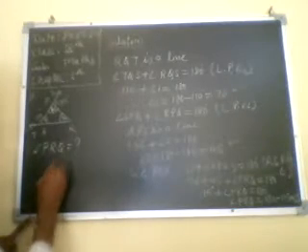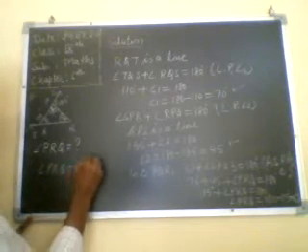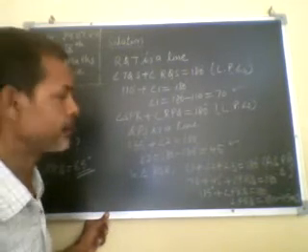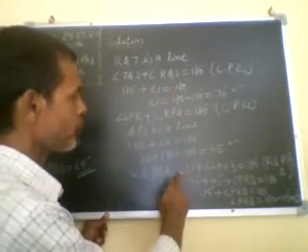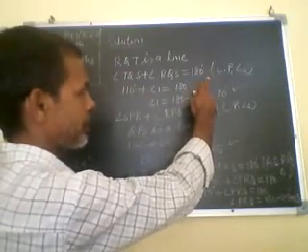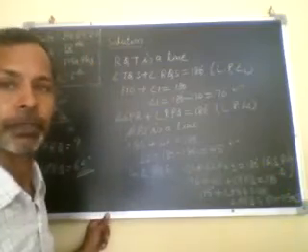So angle PRQ is 65 degrees. Is it clear? First we have to use angle relations, linear pair angles. Then we have to use the angle sum property of a triangle.